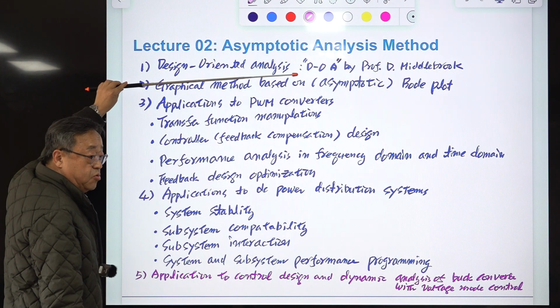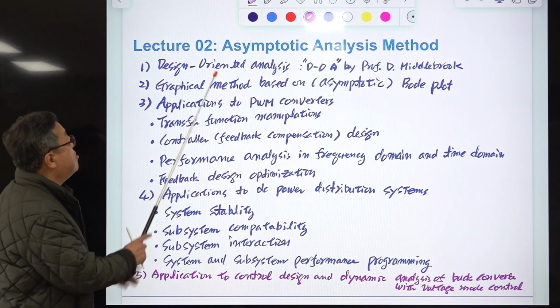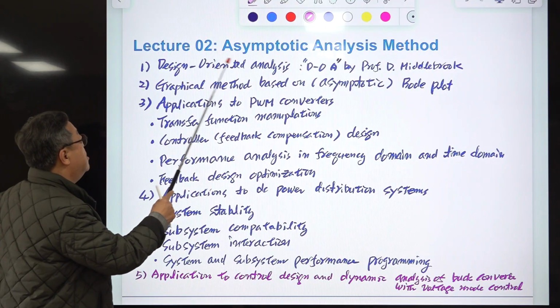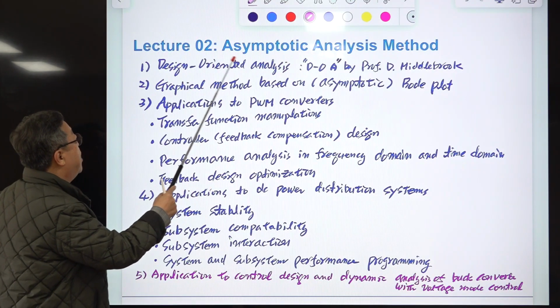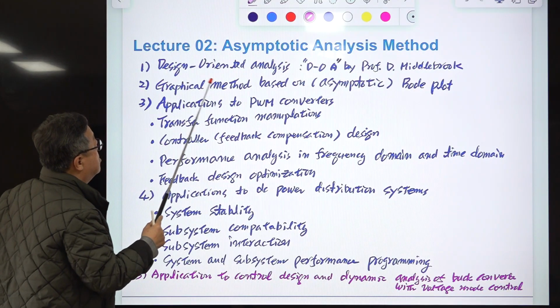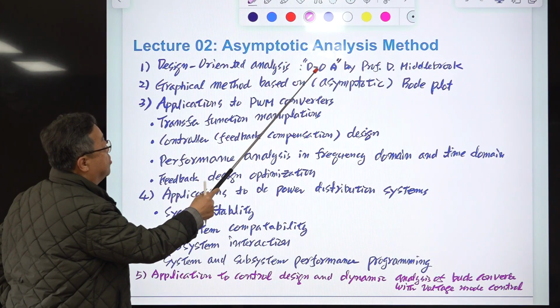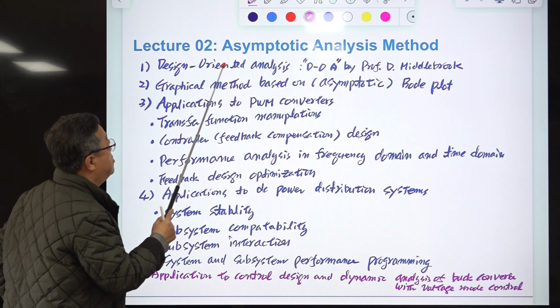So you will be knowing the details about this, and this asymptotic analysis method is the most essential part of it. Dr. Middlebrook proposed this design-oriented analysis.